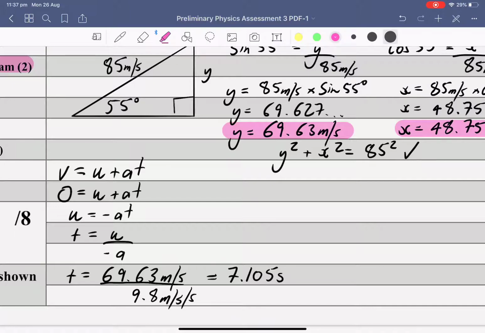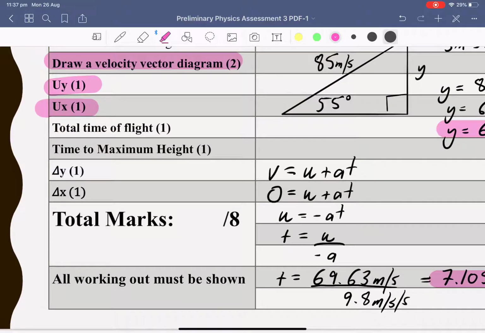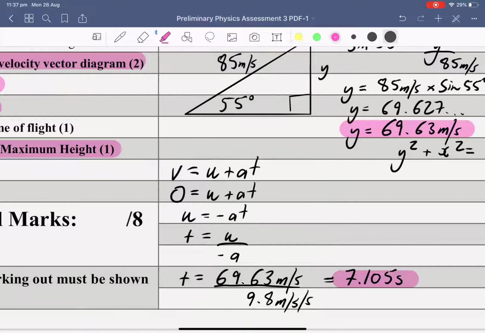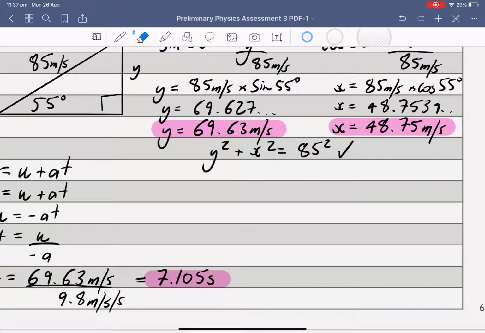So there we go, that's our next answer. We actually haven't found the total time of flight, we've found the time to the maximum height. To get total time, we're just going to multiply that by 2.